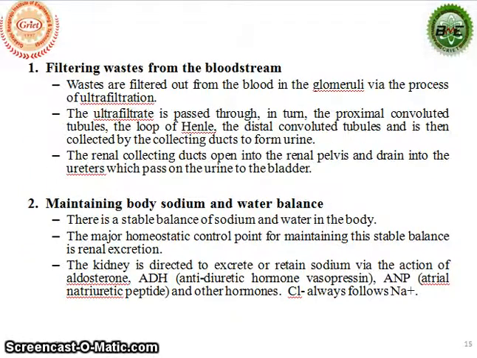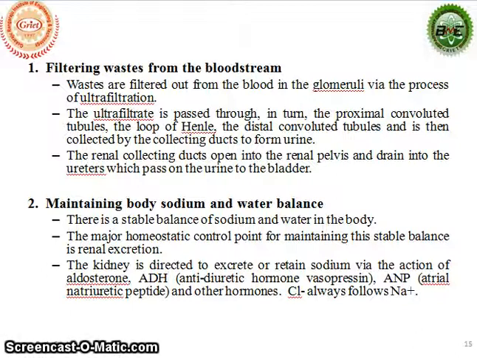Filtering waste from the bloodstream involves several steps, as you might have just understood from the figures. It involves glomerular filtration, Bowman's capsule, loop of Henle, the ducts and the tubules, and also some parts of secretion. So wastes are filtered out from the blood in the glomeruli via the process of ultrafiltration.